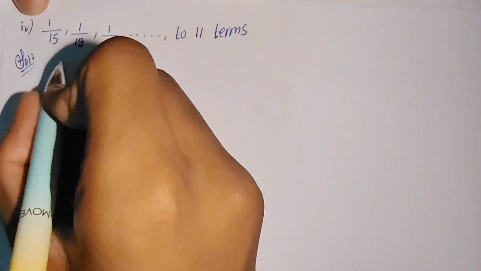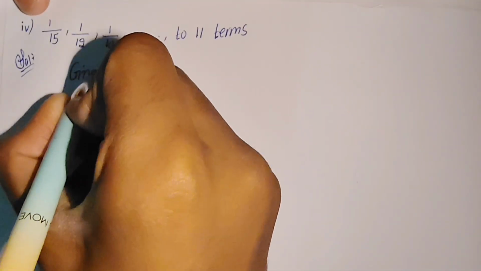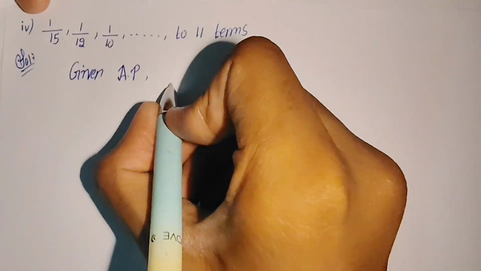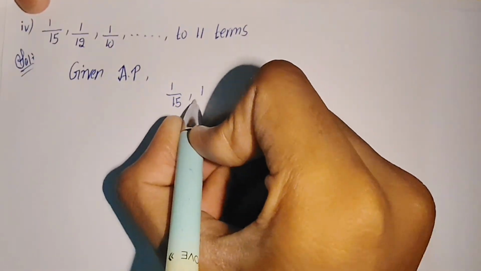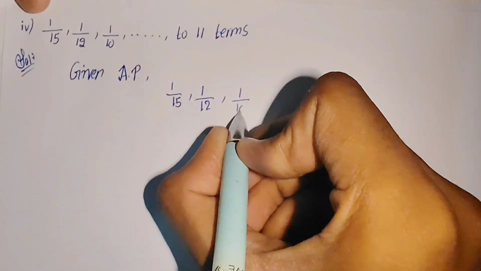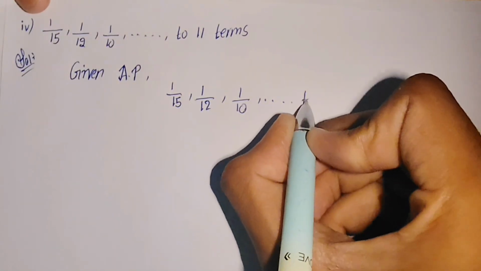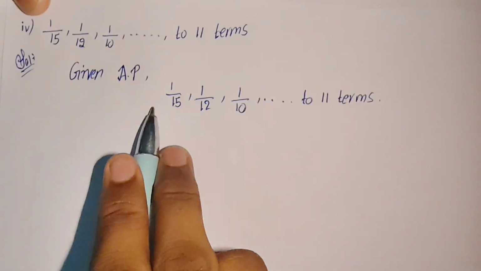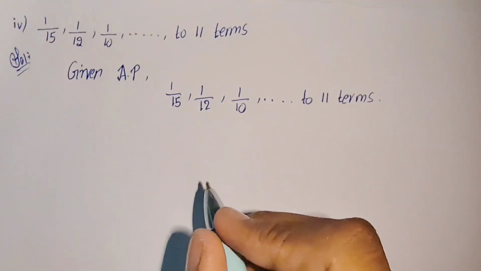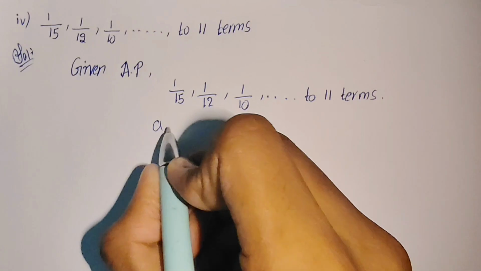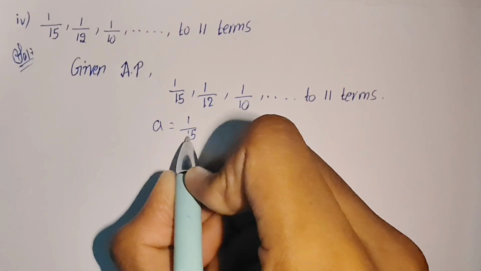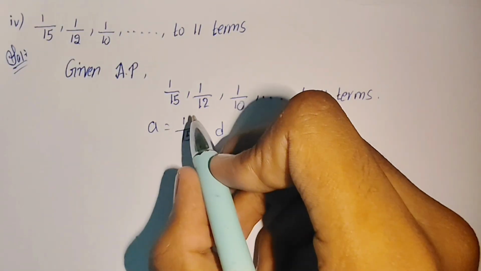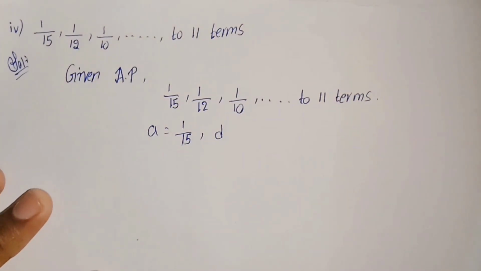So given AP is 1 by 15, 1 by 12, 1 by 10 and so on to 11 terms. So by using the given AP, I am taking the value of A is equals to 1 by 15. So the 1 by 15 means the value of the first term in the AP.